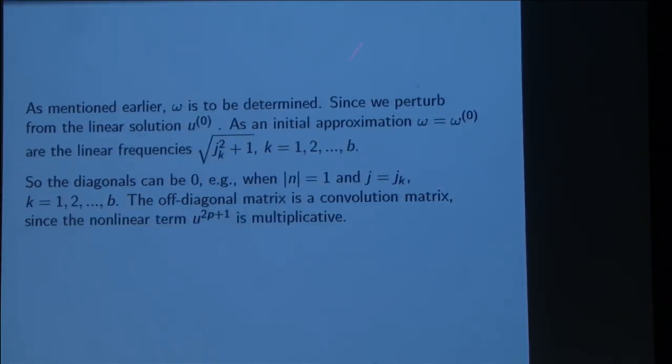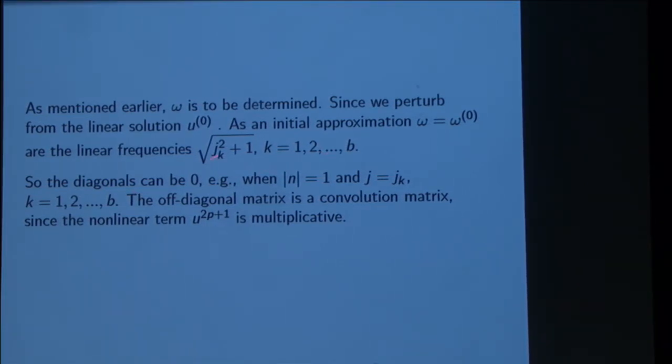To leading order, of course, it's the linear frequency. Since we perturb from the linear solution U0 as an initial approximation, omega equals omega superscript 0, the linear frequencies. In the example, k is 1, 2, 3, 4, of these square roots.